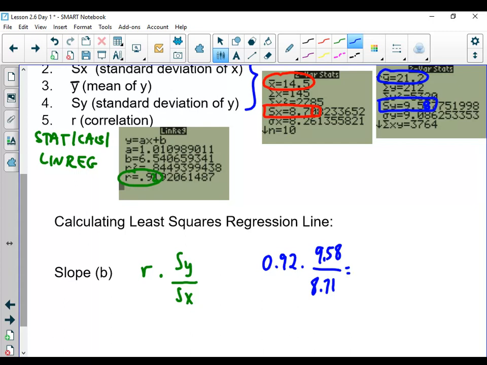So I'm going to type that in and we'll see what our slope is. And we'll just round it to 2 decimal places. So to 2 decimal places, our slope is 1.01. So we're halfway there to finding our equation because we know what our slope is.